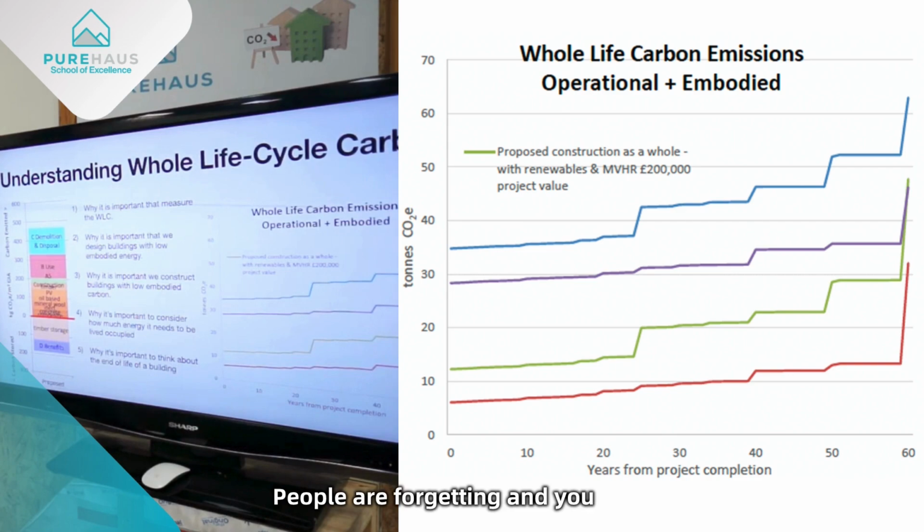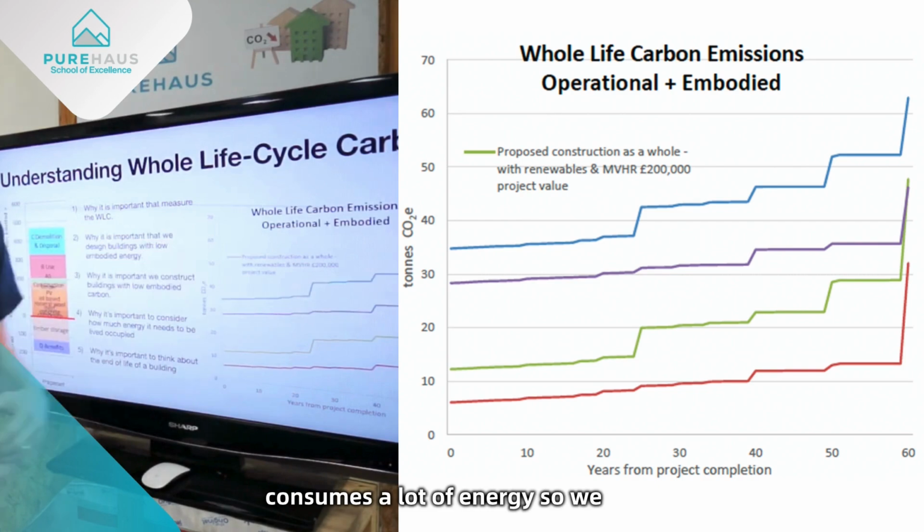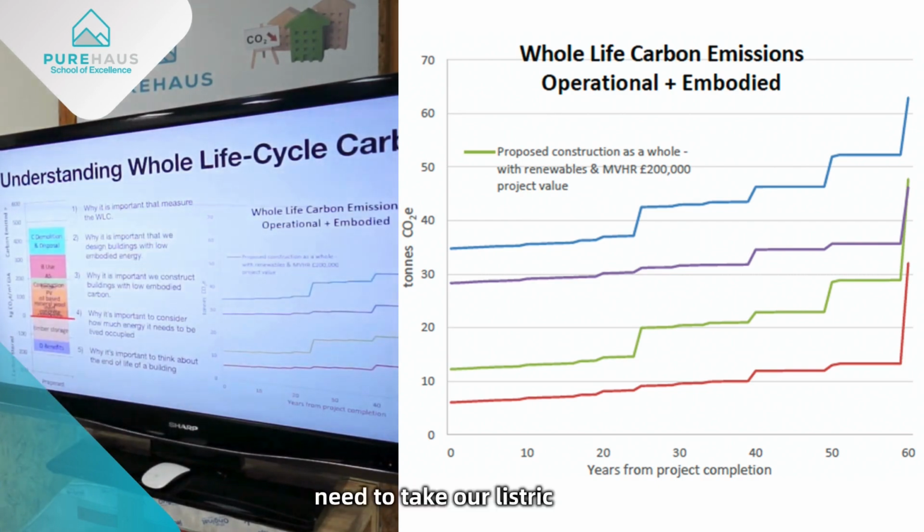People are forgetting, and you might call it a false economy, that to put a building in place, it consumes a lot of energy. And to demolish a building, it consumes a lot of energy. So we need to take a holistic approach and look at the whole building, including things like renovations and upgrades, to see how friendly that building is going to be to its environment.